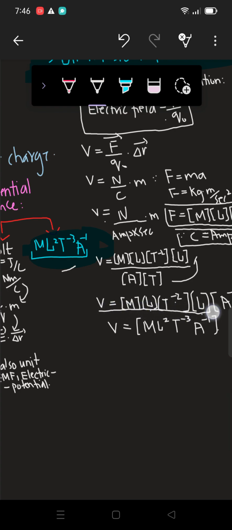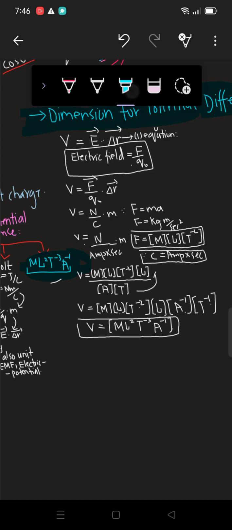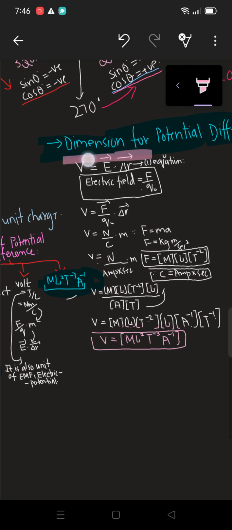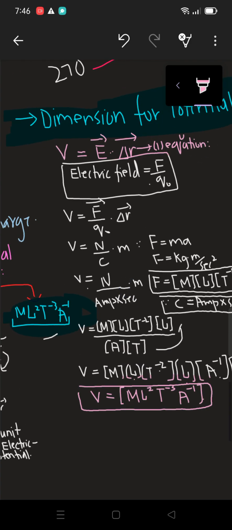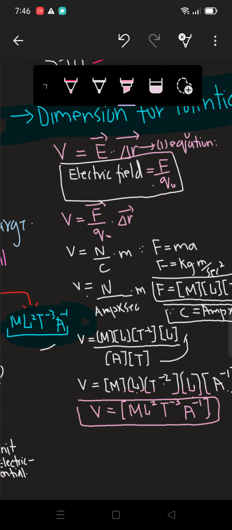Today we have just derived this dimension by using the formula, the dot product of electric field intensity and the del R, which represents displacement. We know that electric field is equal to force per unit charge, so we just put this force per unit charge in the first equation, and we know that the unit of the force is Newton and the unit of the charge is Coulomb.